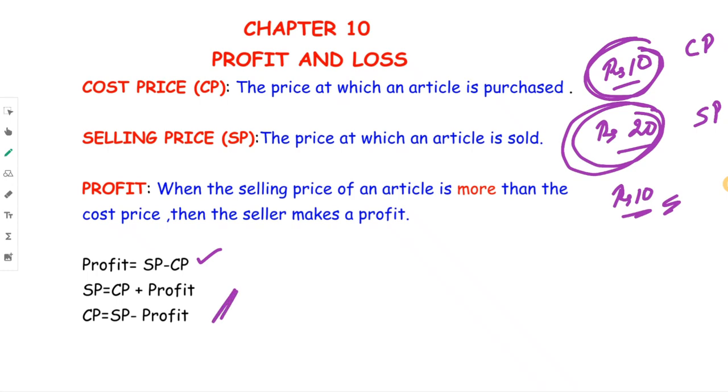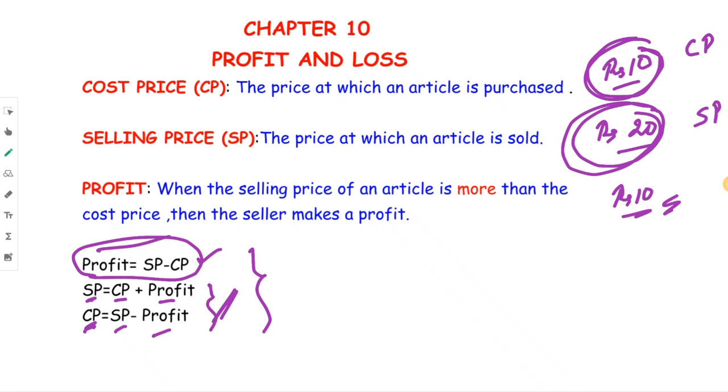Now, these two other formulas are just a manipulation of this first formula. Sometimes the question will give us the cost price and the profit, and ask us to find the selling price. Or at other times, they will give us the selling price and the profit, and ask us to find the cost price. So remember these three formulas, but if you know the first, the other two are just a manipulation.